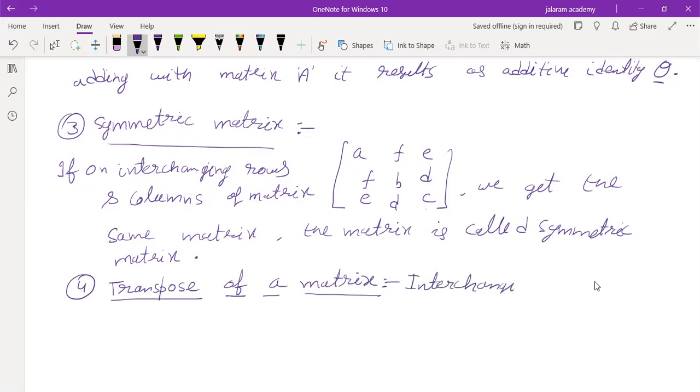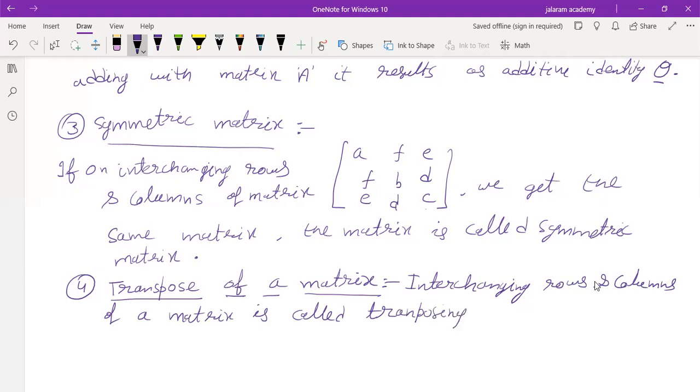Interchanging rows and columns of a matrix is called transposing a matrix.